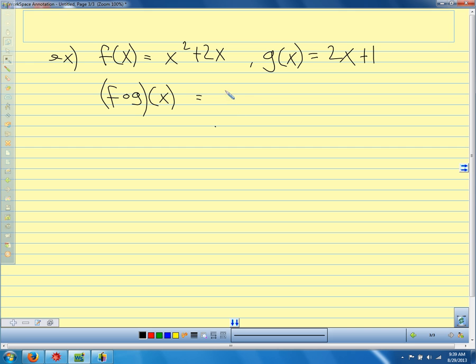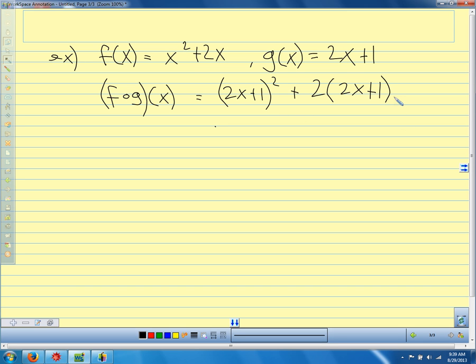It would be 2x plus 1 squared plus 2 times 2x plus 1. Beautiful. Everybody see that? We're just plugging in g into f. And then we could expand this out and combine like terms.